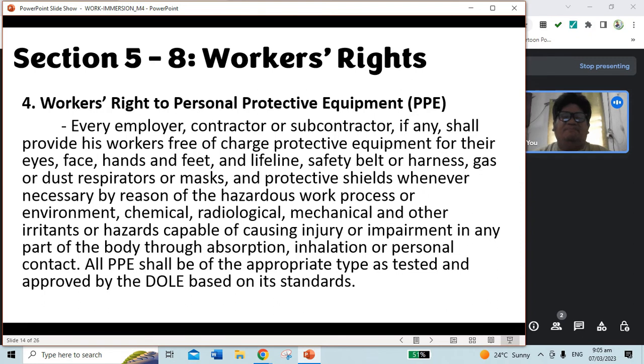All PPE shall be of the appropriate type as tested and approved by the DOLE based on its standards. So lahat ng mga equipment na to ay hindi dapat sakop sa bayarin ng mga empleyado. Dapat libre yan, provided by the workplace.